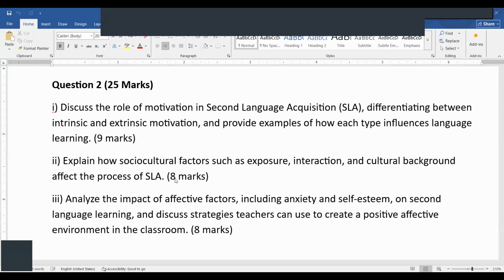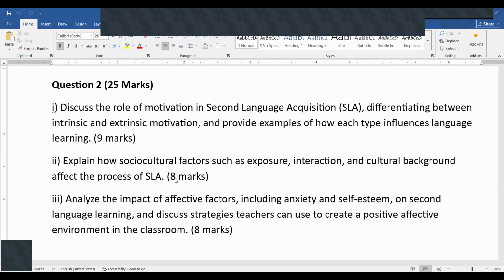So what is motivation? When you get a question like this, first you have to show you know what motivation is. Basically, motivation is a reason for acting. You can have your own definitions.